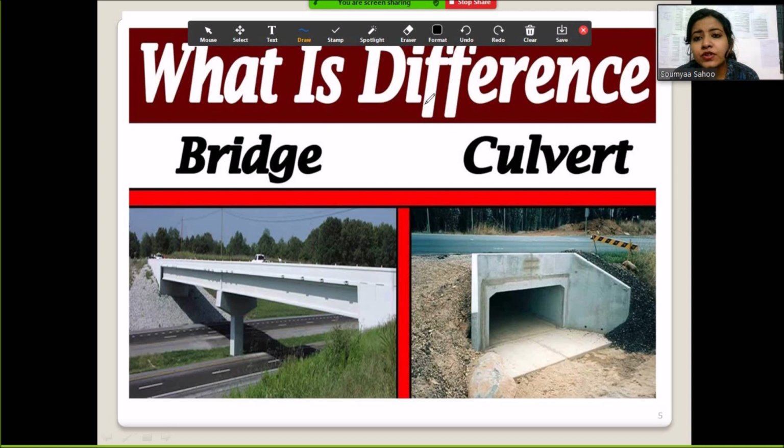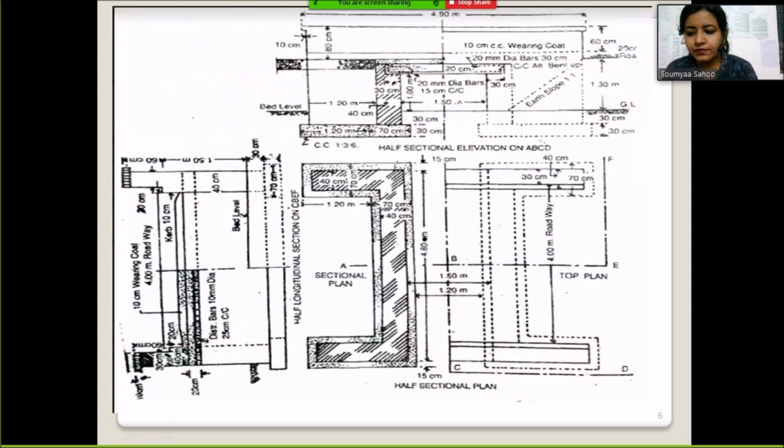The length of the culvert is 6 meter or less than 6 meter, while the length of the bridge is always greater than 6 meter. And bridge is constructed over a depression or obstruction, while culverts are constructed across small streams or small canals.